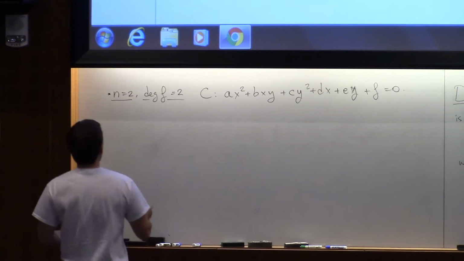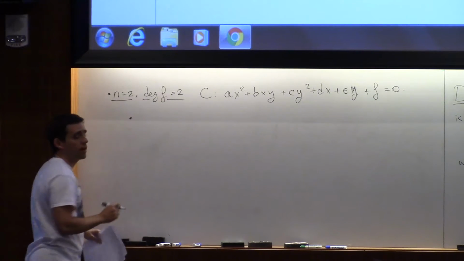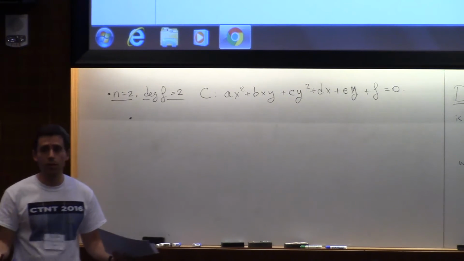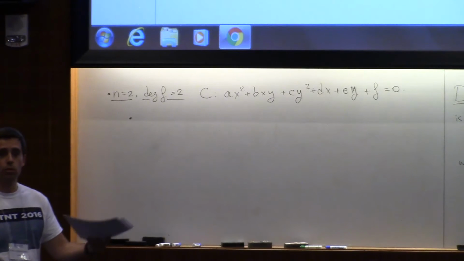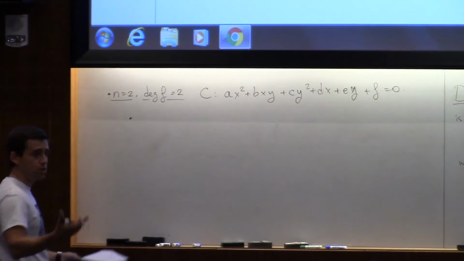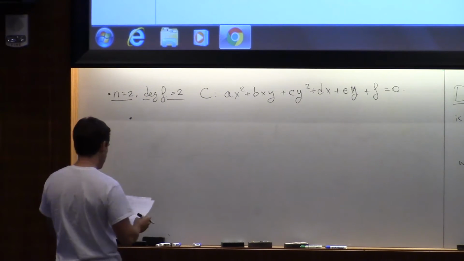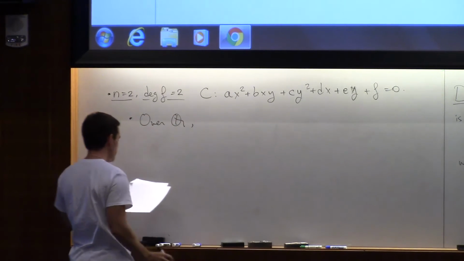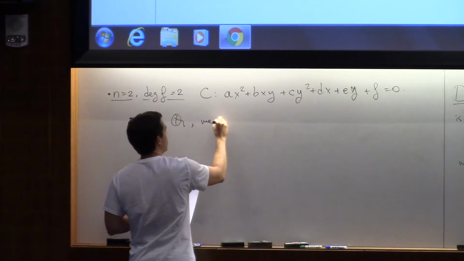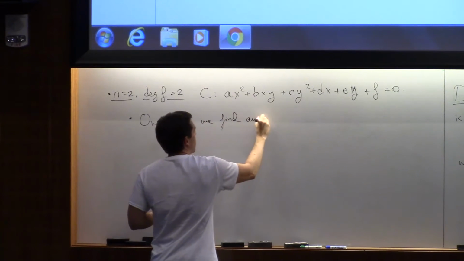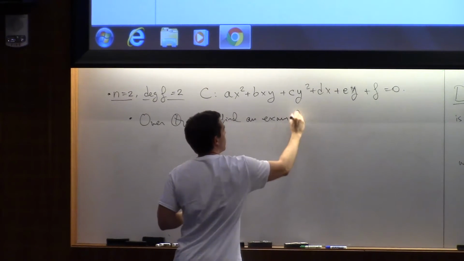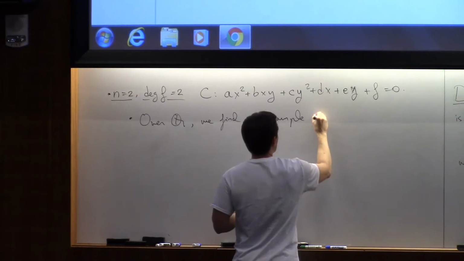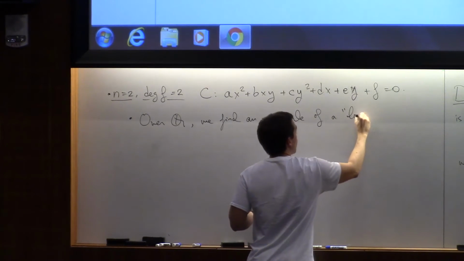So what we see here is already a fascinating area of number theory, which is called local to global principles, which is one of the titles of the courses here. So over Q, we find an example of a local to global principle.